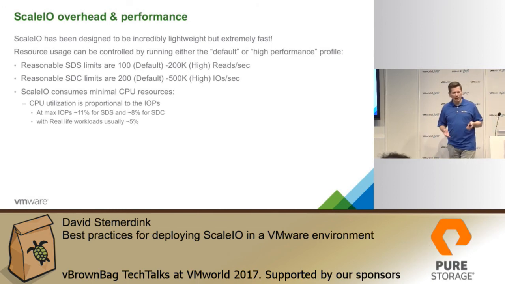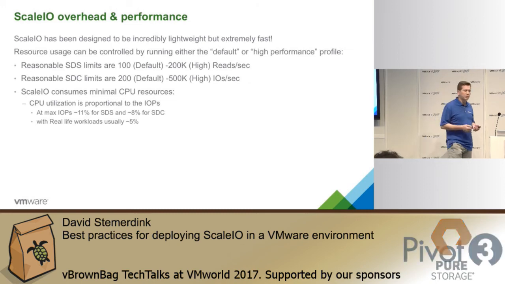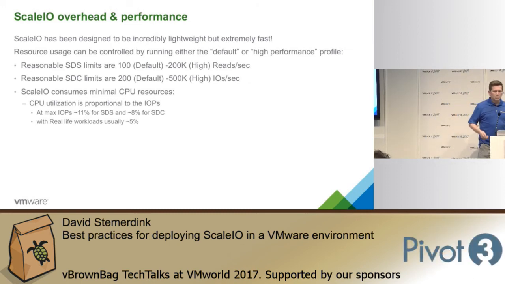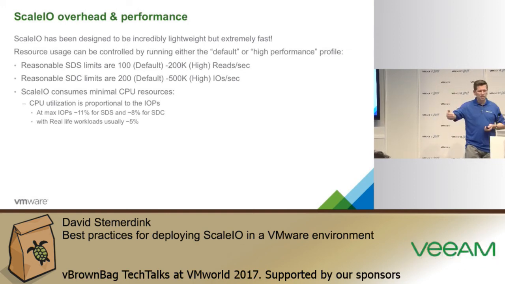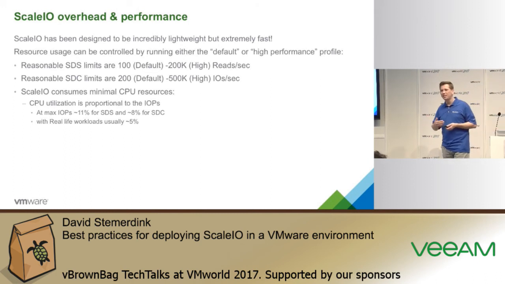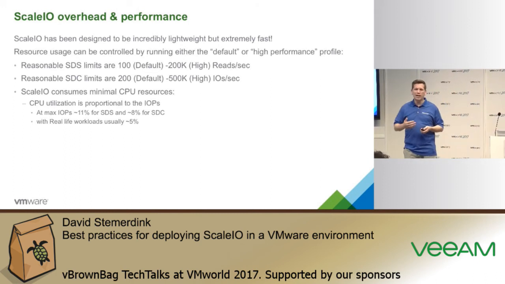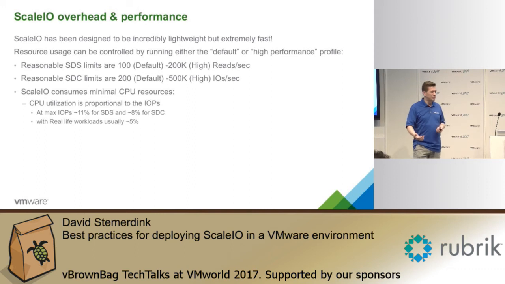What do we get with these, right? When we run our data client in a standard networking profile, you can expect to do about 100,000 IOPS. 200,000, oh sorry, SDS, let me switch that around. The standard profile on the SDS side, you'll be able to do about 100,000 IOPS from that particular node, right?